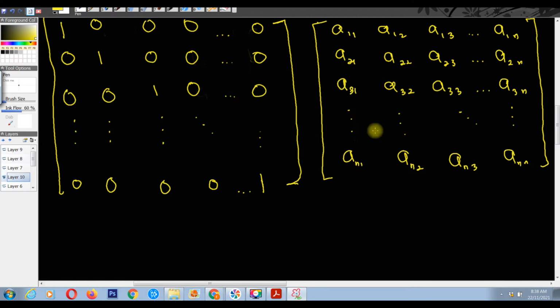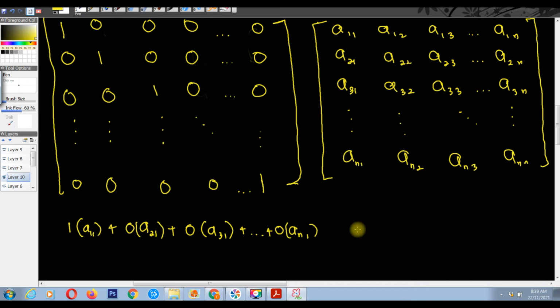Okay, first row, first column. We'll have 1 times a11 plus 0 times a21, plus 0 times a31, and continue until plus 0 times an1.